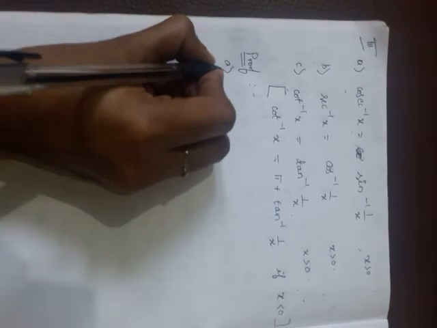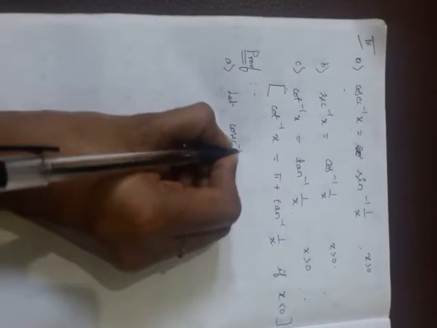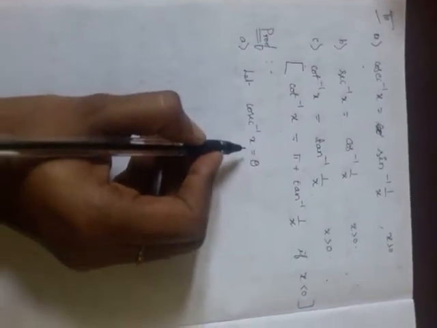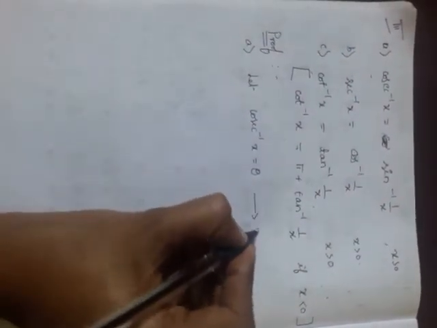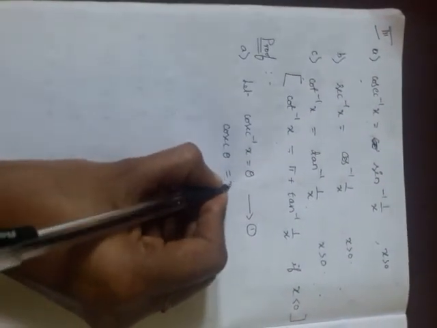Proof. For the first one, take the LHS, that is, let cosecant inverse of x be equal to theta, because cosecant inverse of any value is theta. Take it as equation 1. It comes to this side, meaning cosecant theta is equal to x.